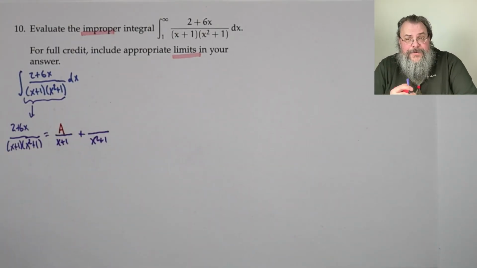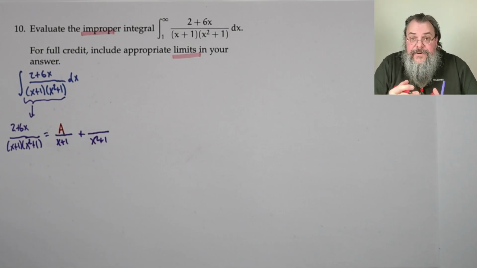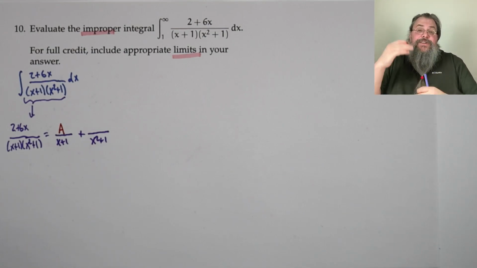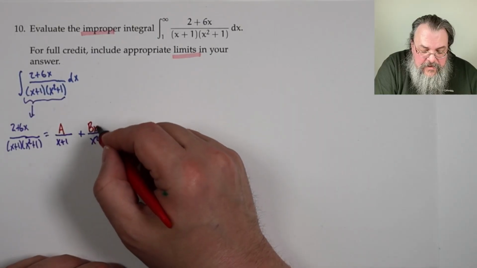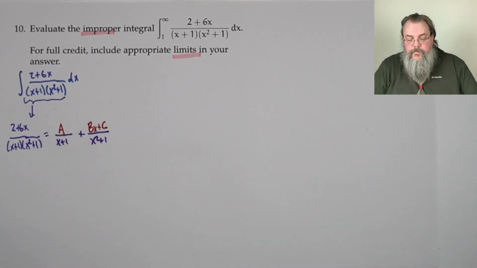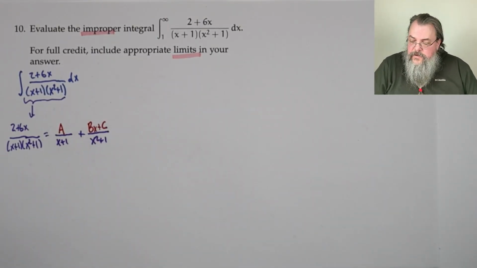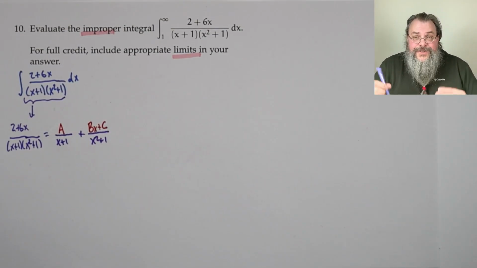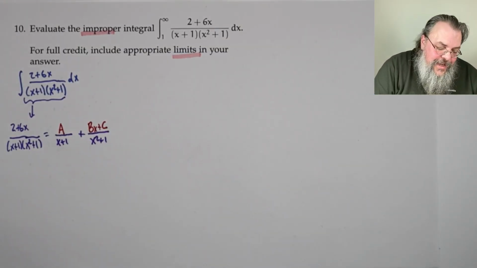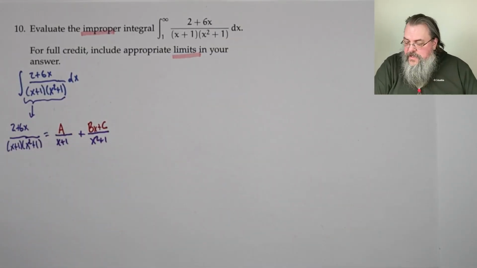The x squared plus 1 is an irreducible quadratic, so upstairs we have two unknowns, bx plus c. A quick sanity check: 3 unknowns, degree 3 downstairs, good.